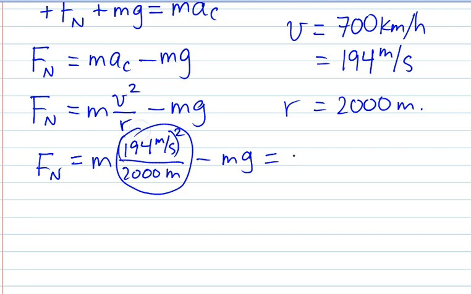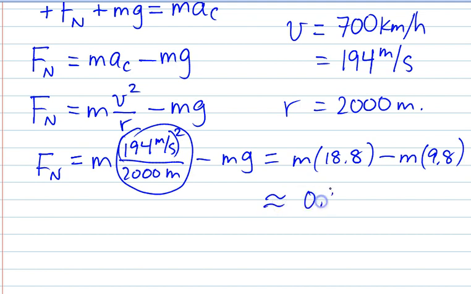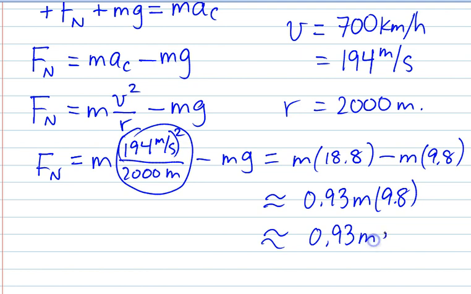I'm going to write this as m times 18.8, and then I have m, and g is 9.8. And so we subtract these and we get about 0.93 times m times 9.8. The important thing here is that this turns into 0.93 mg. If I knew the mass of the pilot, I could plug that in and calculate exactly how many newtons of force we have. But this is in terms of mg, the pilot's weight.